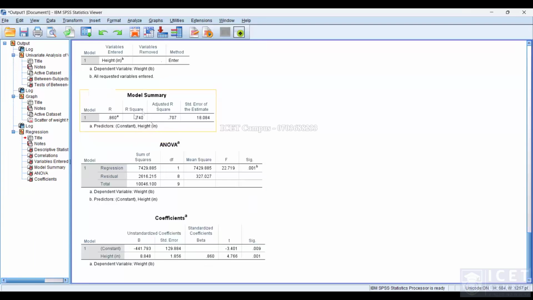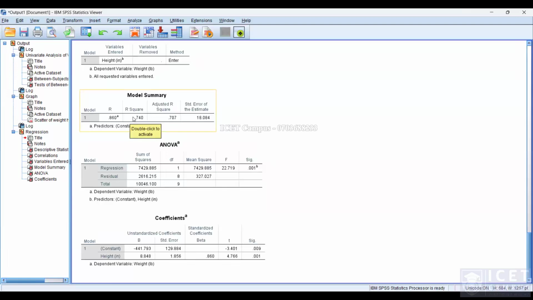Therefore, to be a good model, this value should be greater than 80%, it means 0.8. But this one is closer to 0.8. Therefore, we can use this model to predict the dependent variable, but this is not a very good model, because to be a very good model this value should be greater than 80% or 0.8.